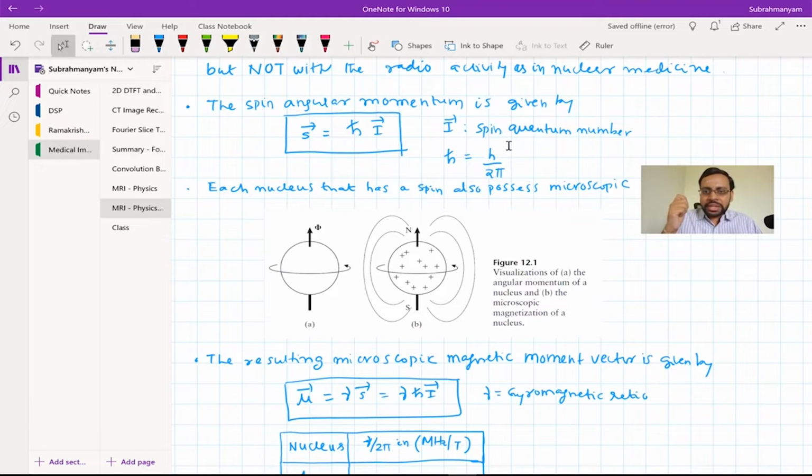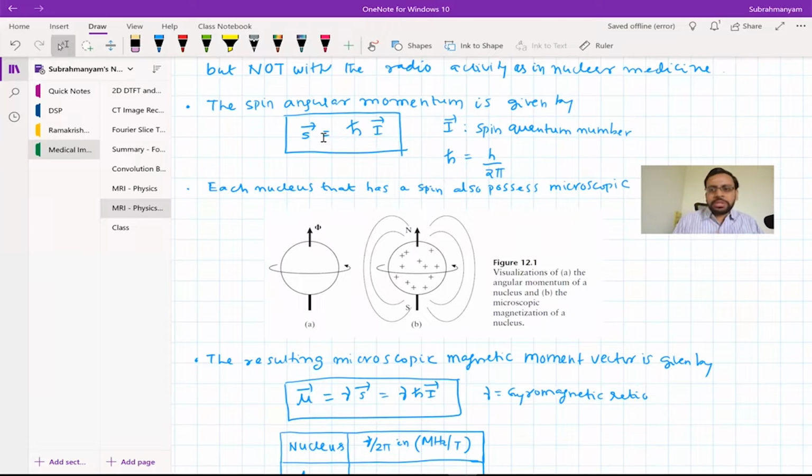The angular momentum of this spin is a well-known concept in quantum physics. Let's call that angular momentum S bar, then it will be equal to h bar times I bar, where h bar is nothing but h by 2 pi, h being Planck's constant. Notice this angular momentum, you could think of it in a three-dimensional space, which you could represent as a vector of angular momentum in x, y, and z respectively.